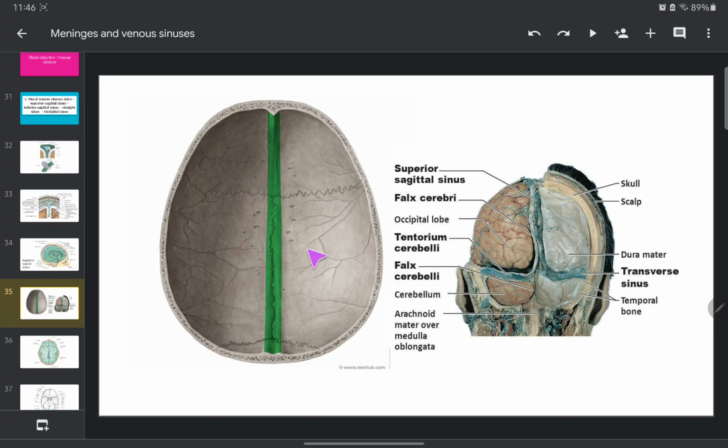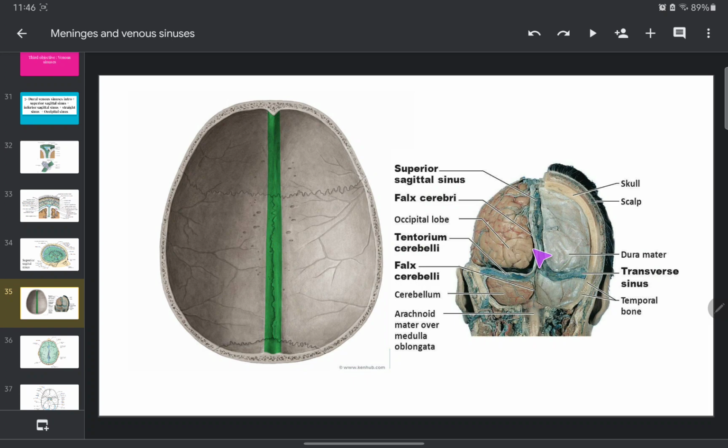This one is the norma verticalis interna. Okay, so it extends from anteriorly from here, and it terminates at the internal occipital protuberance of the occipital bone all the way. It passes from here and it curves like this, ending here posteriorly.